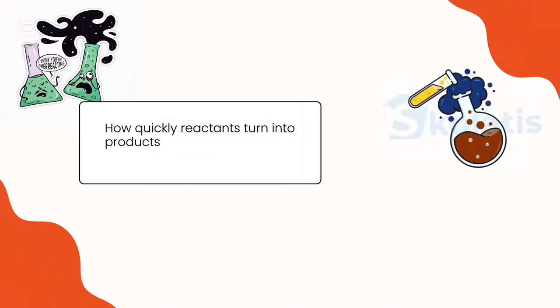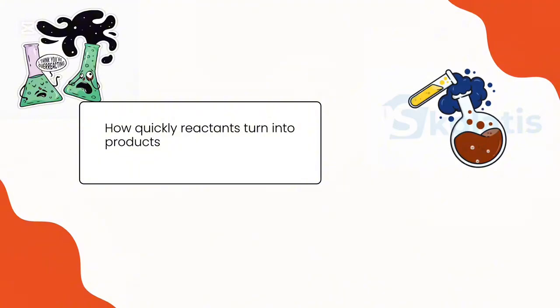So here, what do you think, guys? How quickly reactants turn into products? What is the meaning of reactants? Yes, the reactants are the substances that enter a chemical reaction and react together. They are called reactants. And the result is called, yes, the product. So how quickly they react and turn into product?